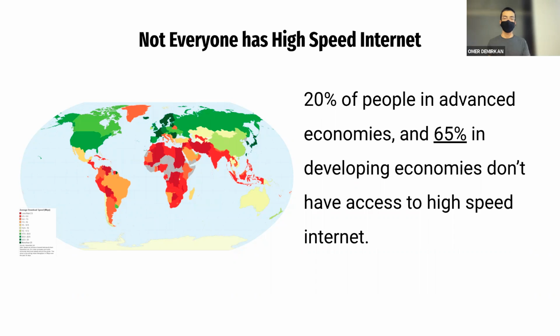And that's something that I want to stress. 20% of people in advanced economies and 65% of people in developing economies don't have access to high-speed internet, right? And once again, this is really recent data, I believe 2020. So when you build tools, when you put out online content, I want you to keep these in mind.